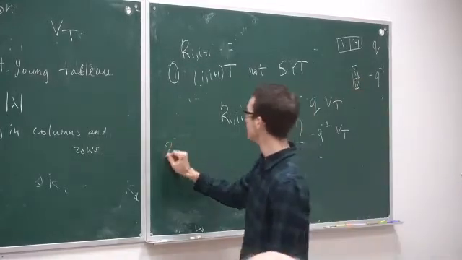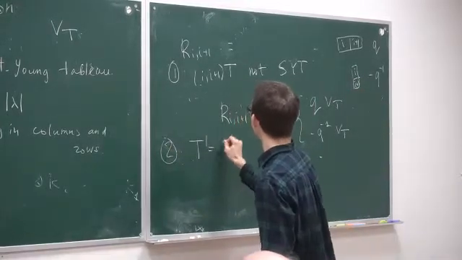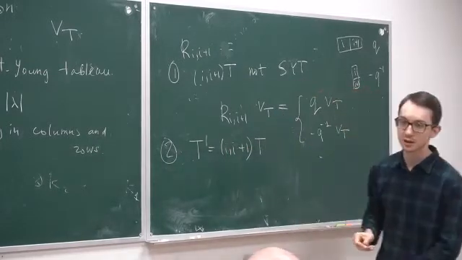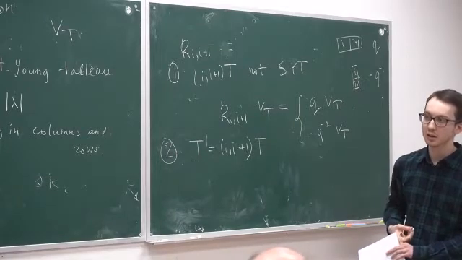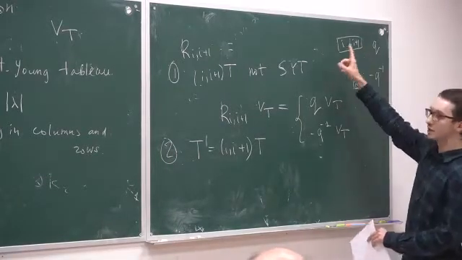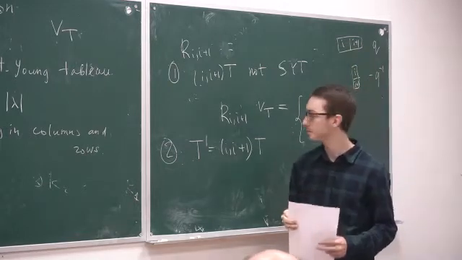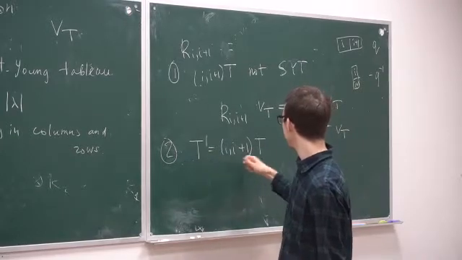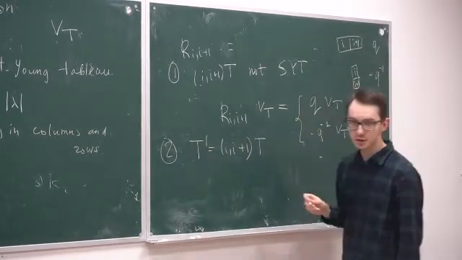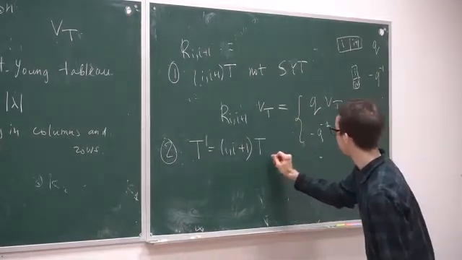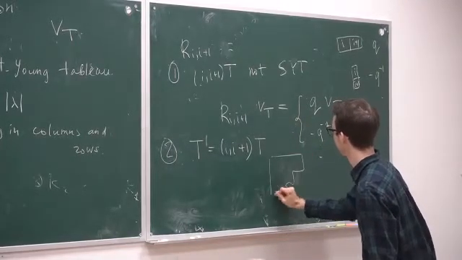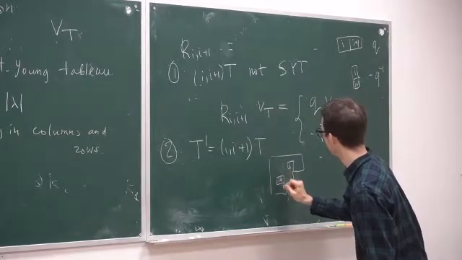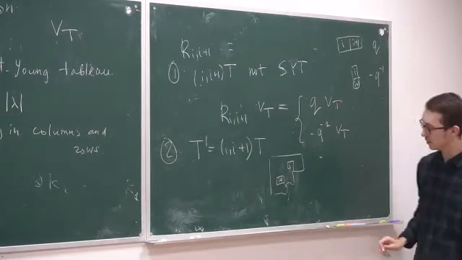And the second case is if T prime, which is s_i T, is a Young tableau. It means that i and i+1 are not close to each other.